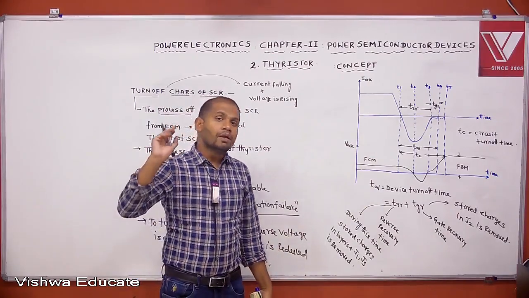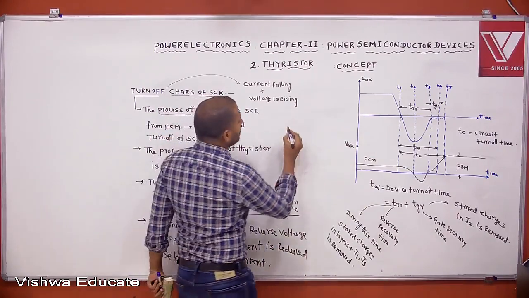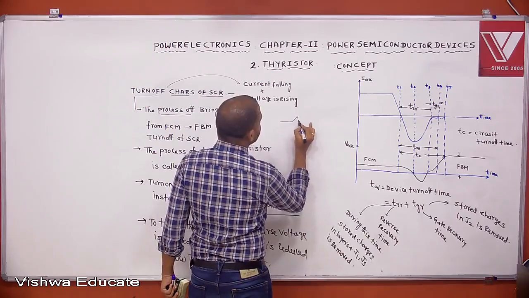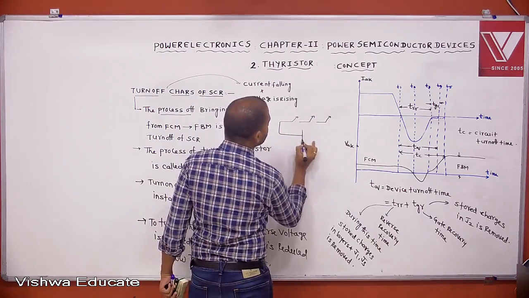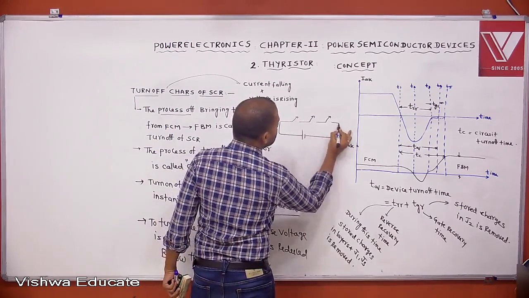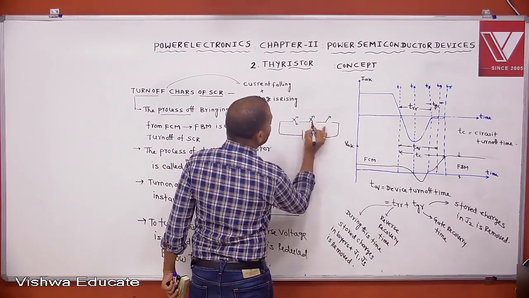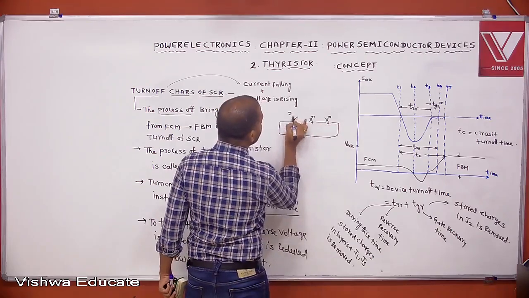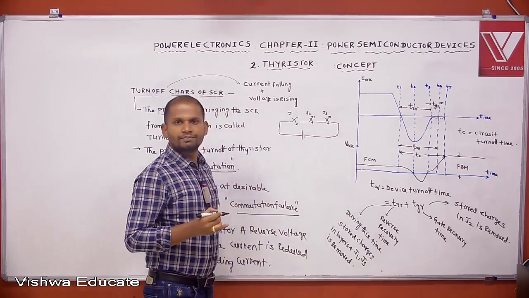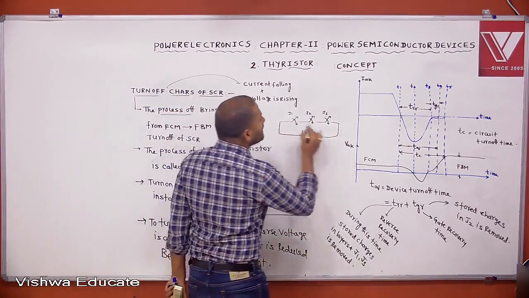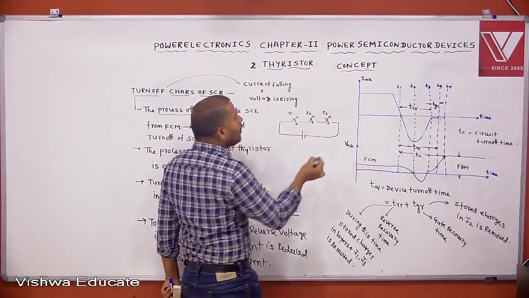Now see, this is J1, this is J2 and this is J3. This is during conduction of the thyristor. If the thyristor is conducting, all the junctions are closed. Now what are we doing?